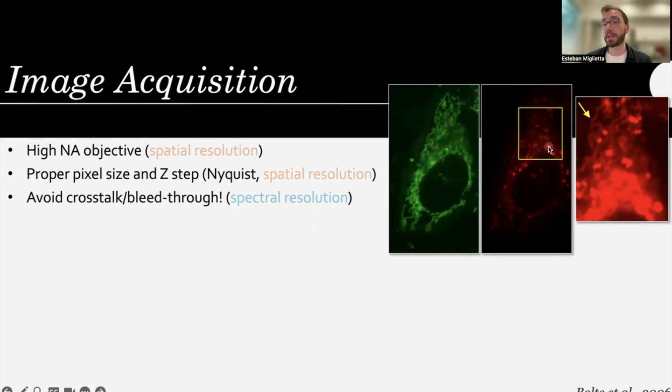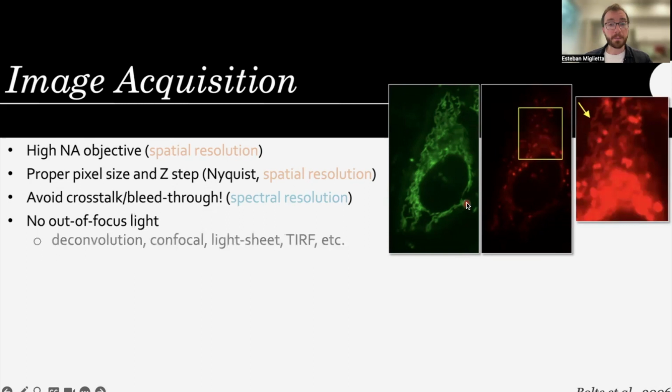This should be avoided at all costs, because this will probably let you think that you have a higher colocalization than you actually have, not because of the lysosomes, but because of these structures right here, which obviously colocalize perfectly with the green label.